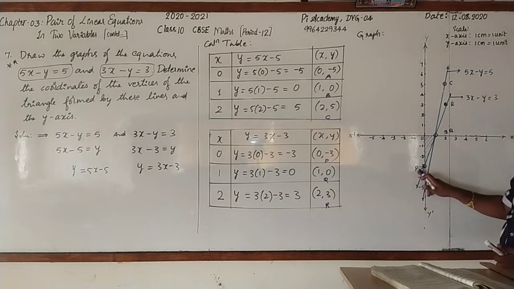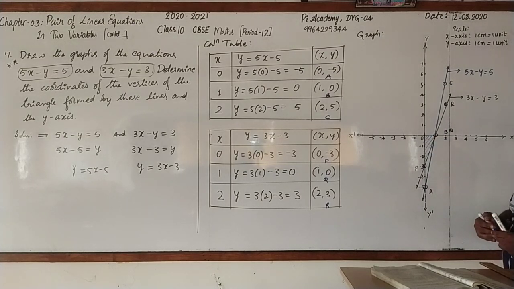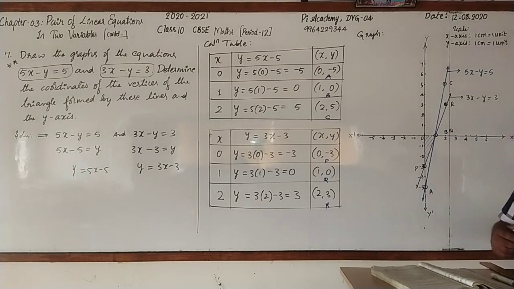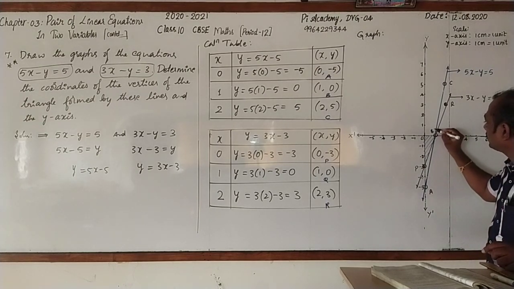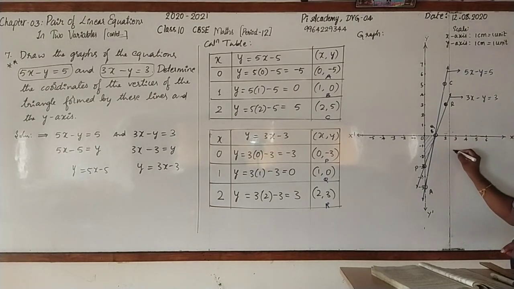This is P. This is Q. You may take this as O. So, POQ, that is the triangle formed. If you want, you can write B and Q here. Here write the triangle formed is POQ.